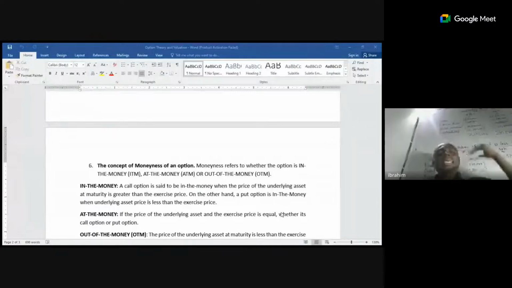Now, at the money: an option is at the money if the price of the underlying asset, that is the stock price, and the exercise price are equal, at par, whether call option or put option. Meaning that you exercise your right to buy First Bank shares in the option market today at 15 naira.